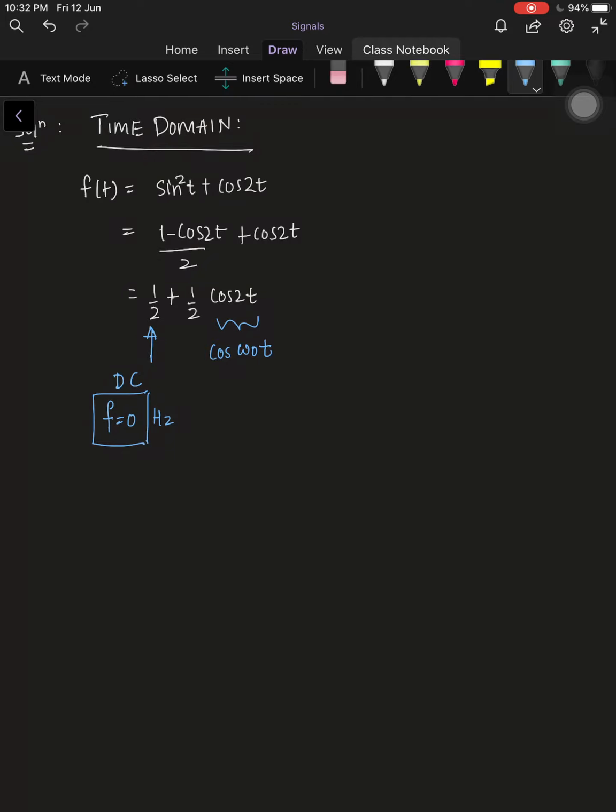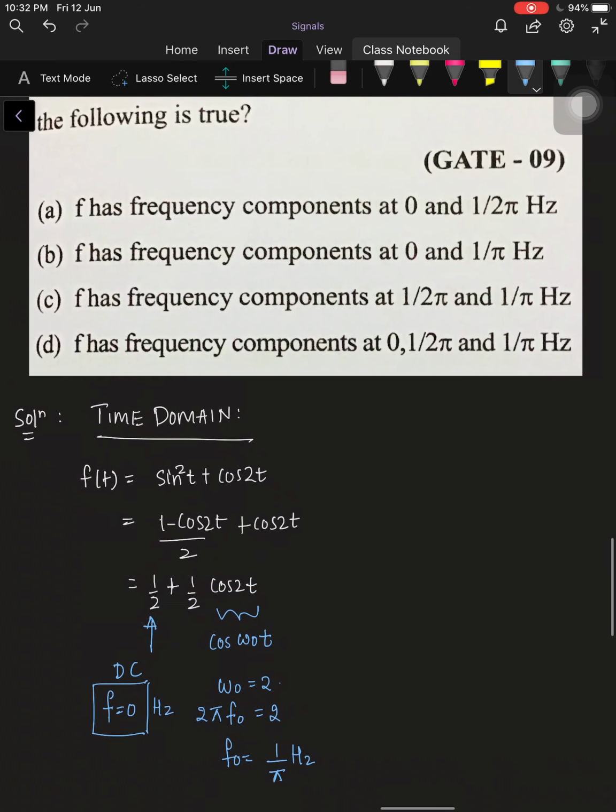And considering cos 2t, we know that omega naught is equal to 2, and that is to say 2 pi f naught, where f naught represents the frequency of the given sinusoidal signal. F naught is 1 by pi hertz. So the given signal has frequency at 0 and 1 by pi hertz. So the option is B.